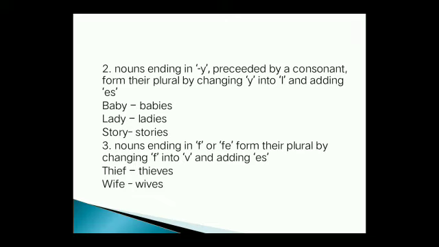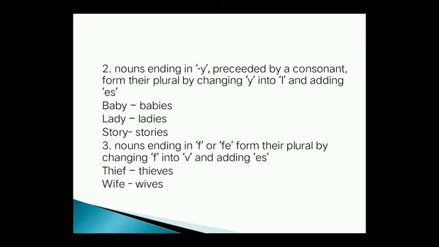Okay. Then we have nouns ending in F or FE form their plural by changing F into V and adding ES. For example, thief. We have F in the last, and then in wife we have FE.